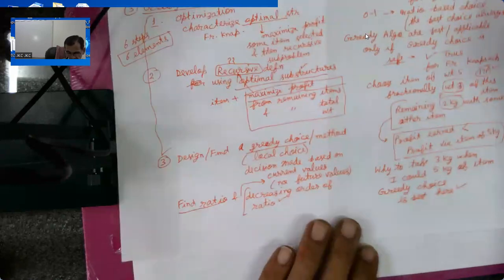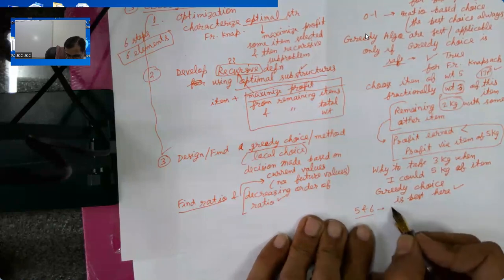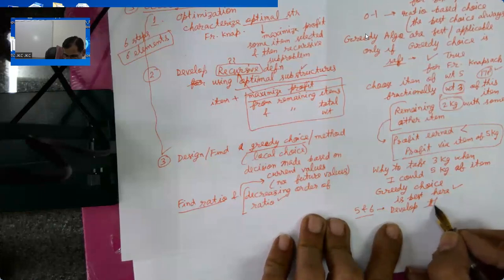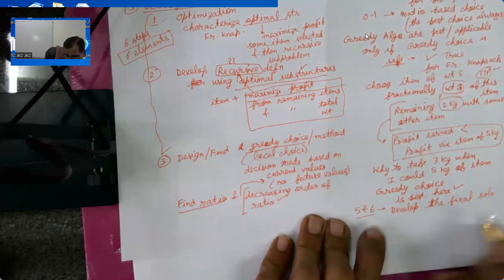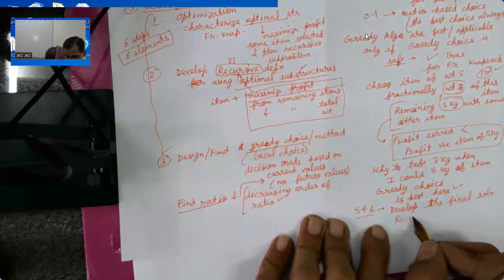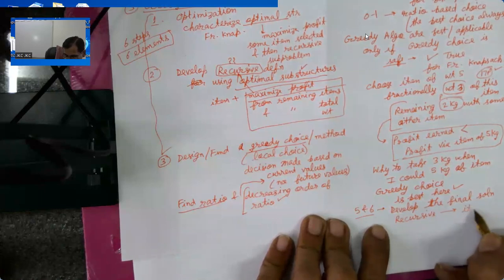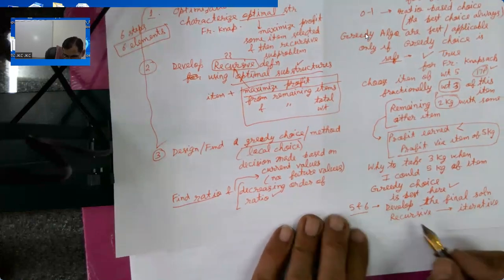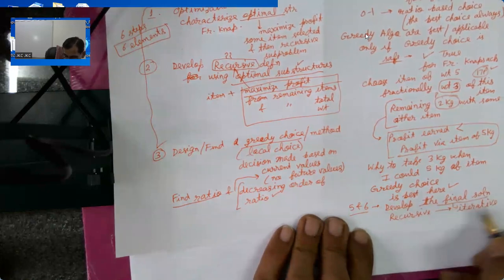Once I do this, my steps 5 and 6 are simple. Then you have to develop the final overall solution of finding the total profit. Normally the sequence could be that you first develop a recursive solution and then convert that recursive to an iterative solution, because there is no use of recursive when an iterative solution will be possible. Or sometimes you can directly develop the iterative one also.